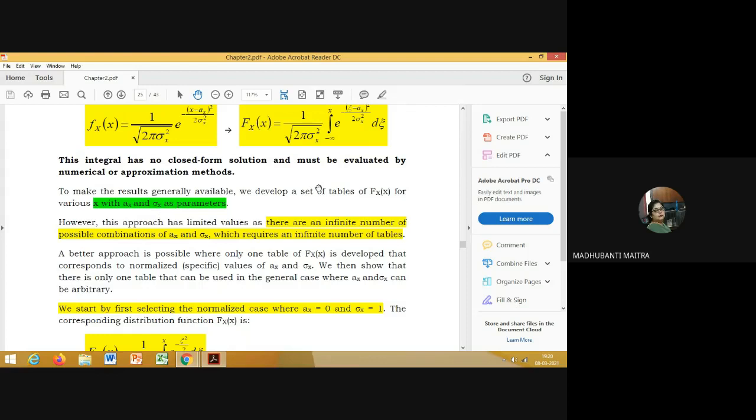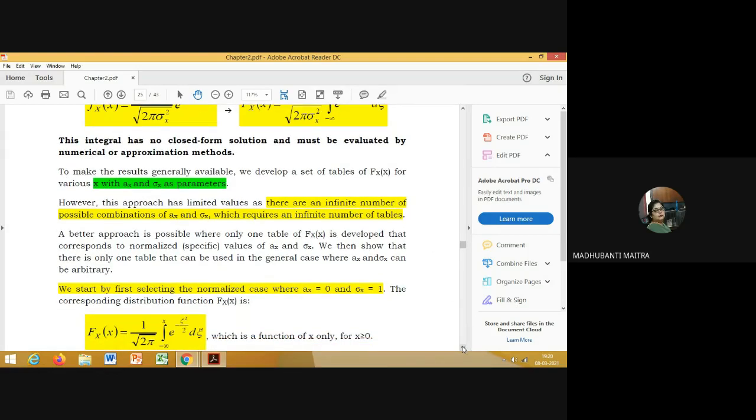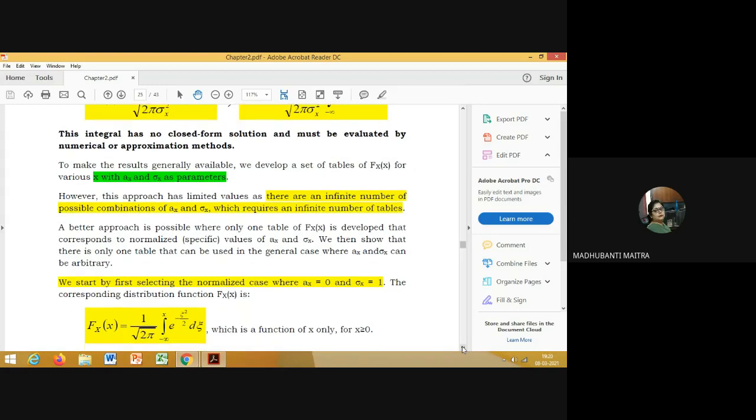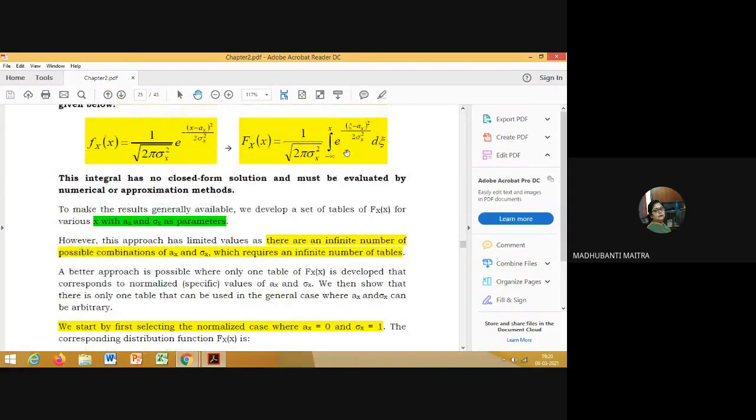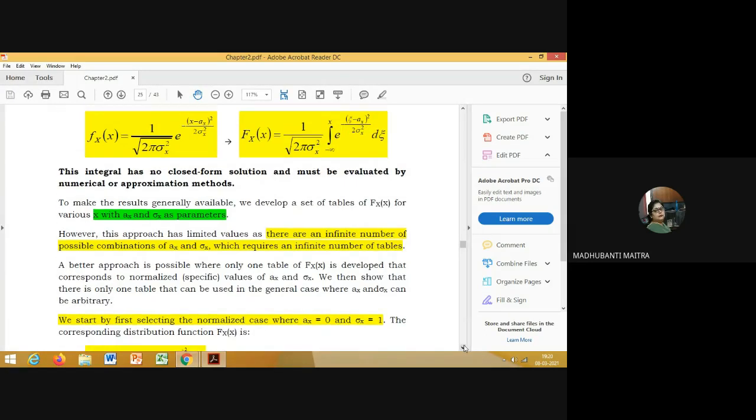That is the problem. So what could be the solution? Yes, we'll go for some approximate method, and here we'll try to normalize. We'll try to get a normalized expression for this integral.